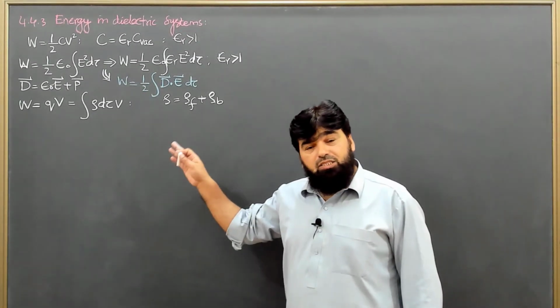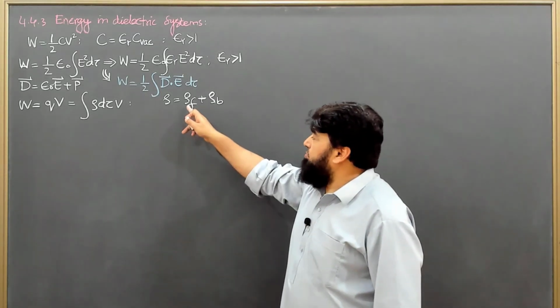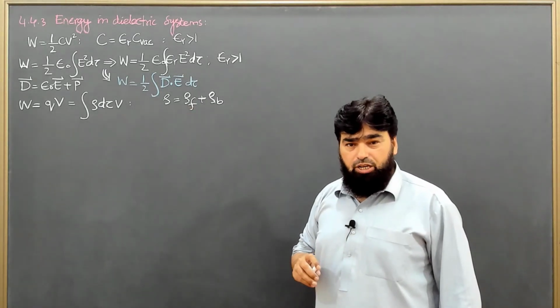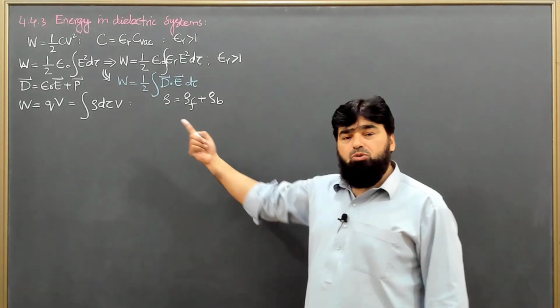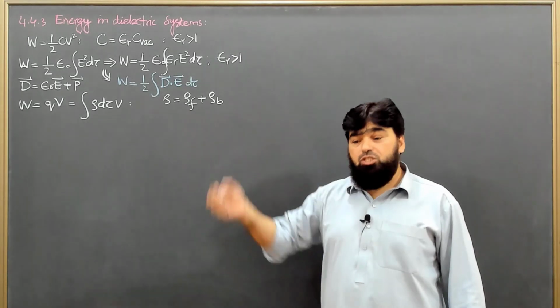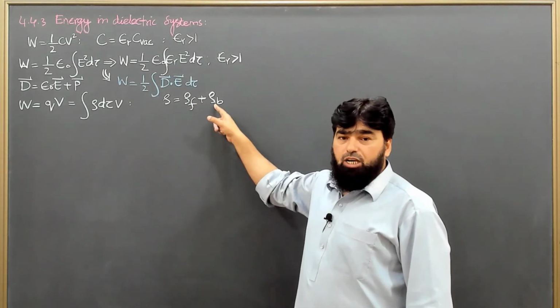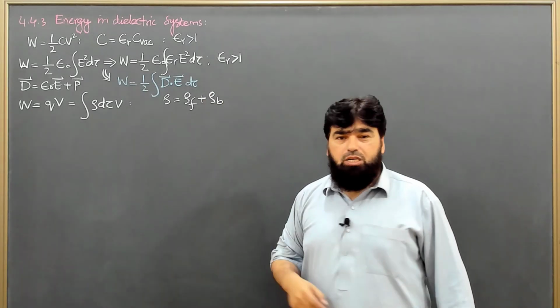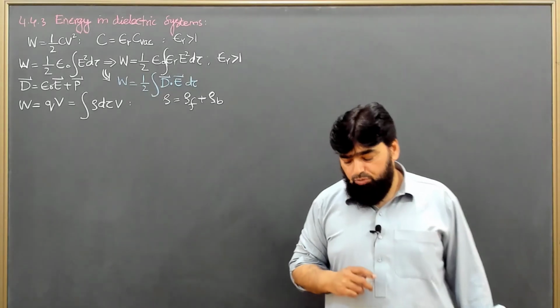When we connect the system to an electrostatic source, we bring in free charges, and we only control these, not the bound charges, because those are the result of the free charges. When the free charges come in, polarization occurs in the dielectric material.